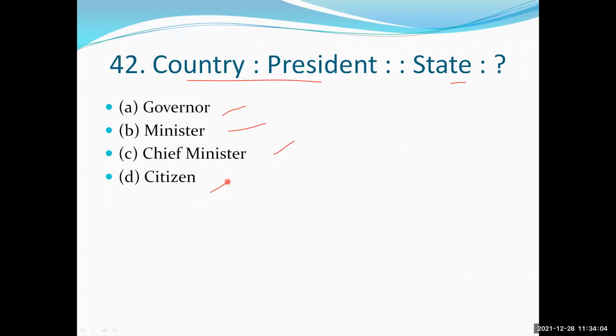Rishma, Mayuri. I'm getting different responses. Some are with option C and some are with option A. Are you sure with the answer? Those who are saying governor, are you sure about this answer, option A, or whether it is chief minister?